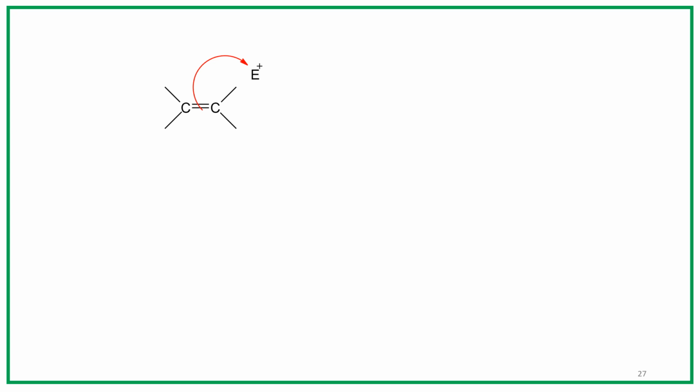So then these pi electrons can move to the electrophile because electrophiles are seeking electrons. Therefore, they can take electrons from this pi bond. And what will happen? This electrophile can attach to one carbon of these 2 carbon atoms.